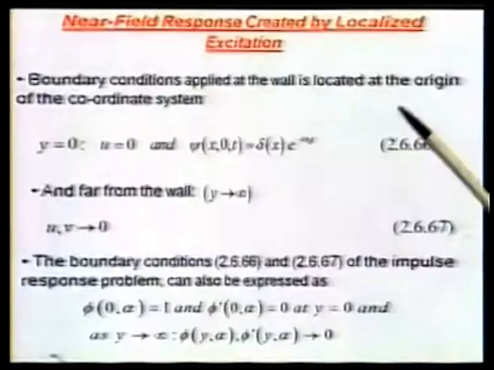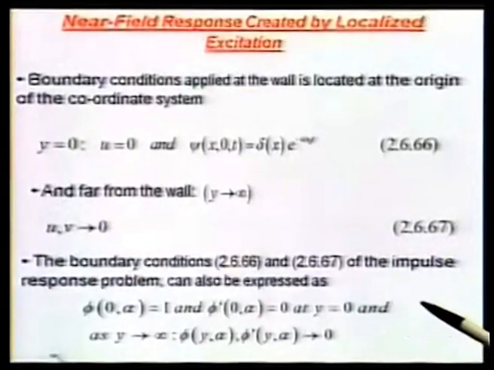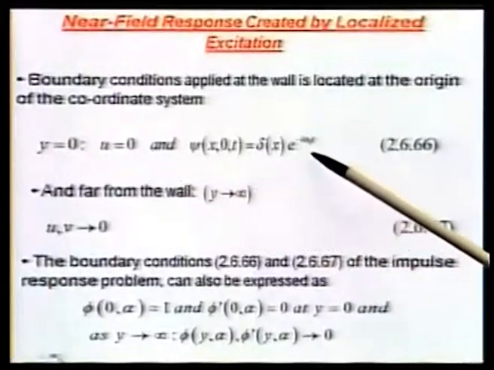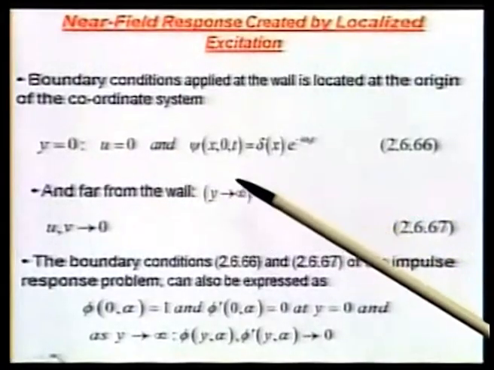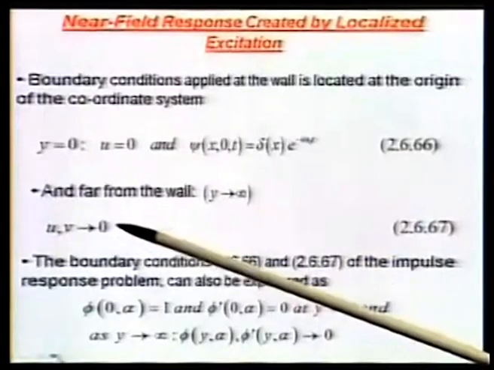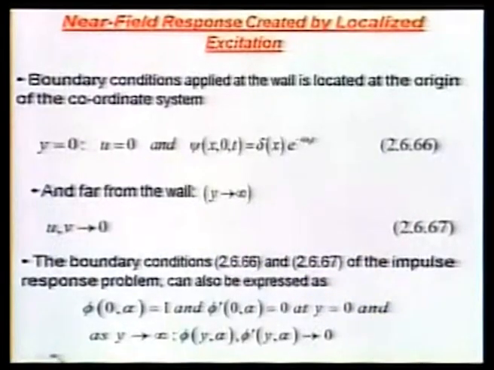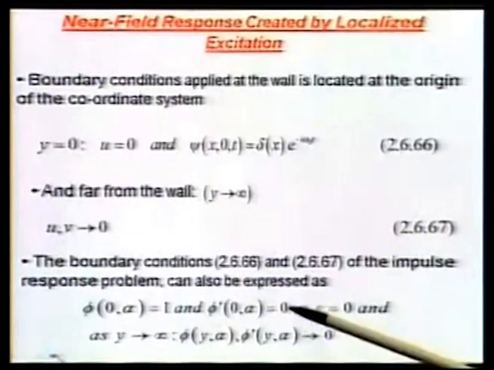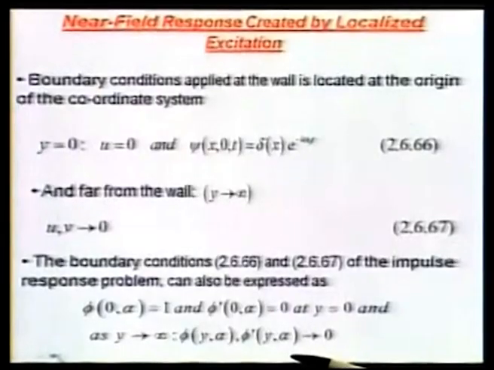Well, our original problem remains as it is, right. So, we have at the wall u equal to 0 and psi equal to this, and of course, far from the wall, if we go outside the shear layer, u and v go to 0. Well, these are the physical plane description. The corresponding spectral plane description is this, right.